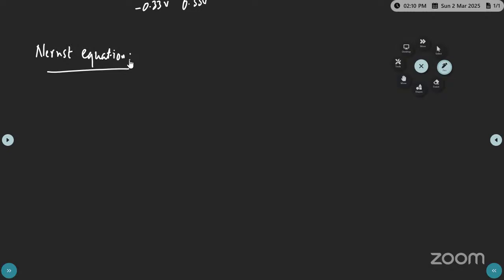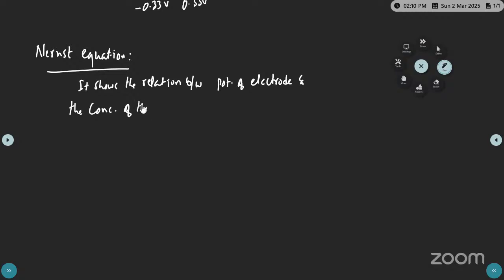So this equation shows the relation between potential of the electrode and the concentration of the solution in which that electrode is immersed, or dipped.